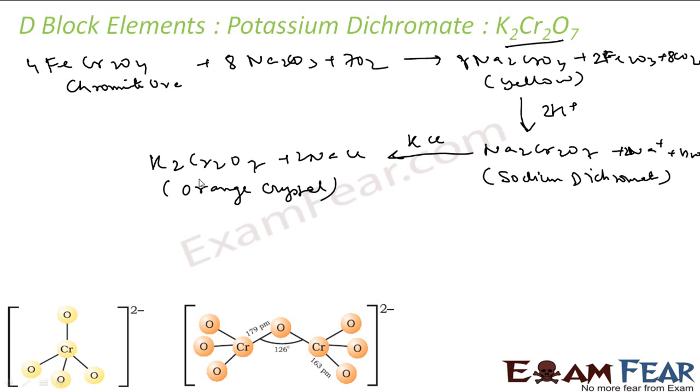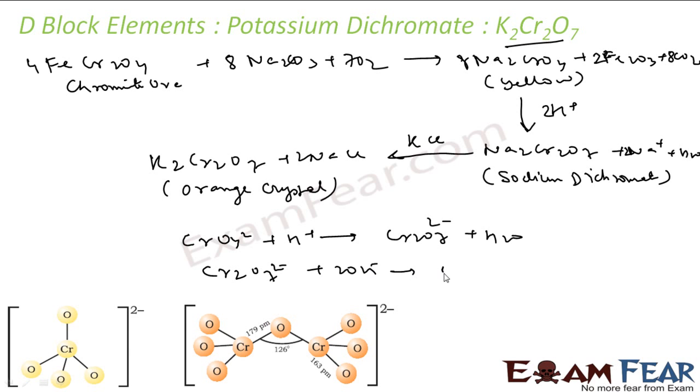Please note that chromates and dichromates are interconvertible in aqueous solution depending on the pH of the solution. For example, I have CrO4 2-, and if I make it acidic, it becomes Cr2O7 2- and water. Same thing, if I have Cr2O7 2- and make the solution basic, it becomes CrO4 2- and water.